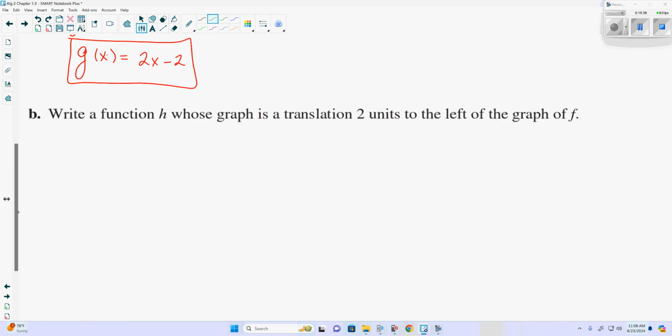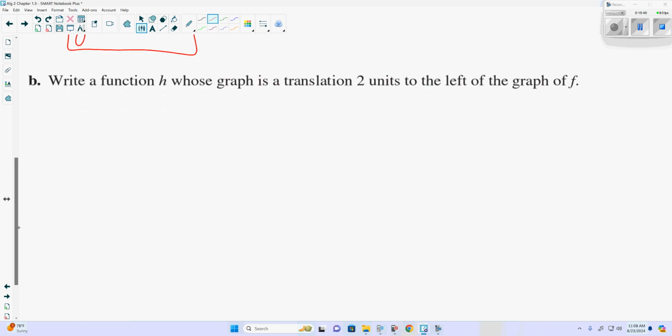So if we look at this next one here, write a function h whose graph is a translation 2 units to the left of the graph of f. Again, this one, we're not going to use g of x, we're going to use h of x. Again, it's less of a set rule and more of a preference of what we want to name it.